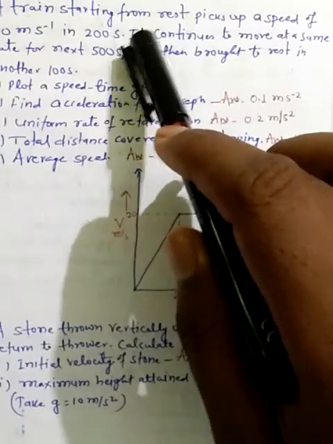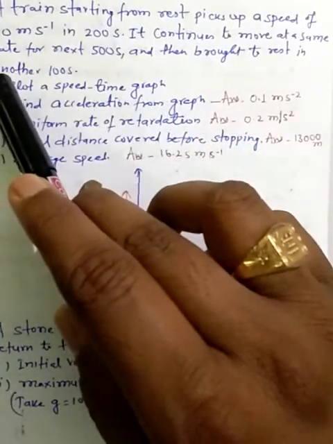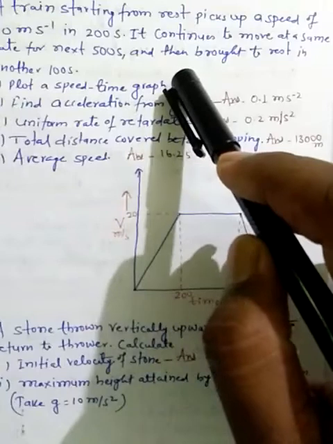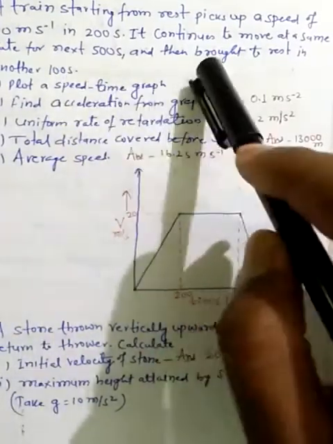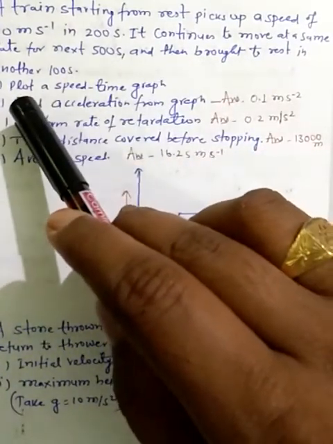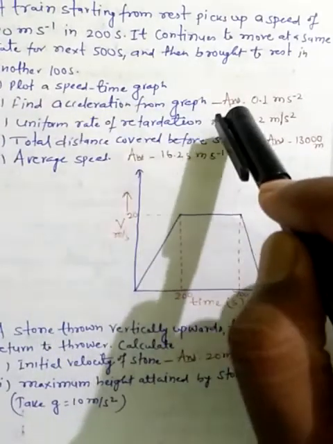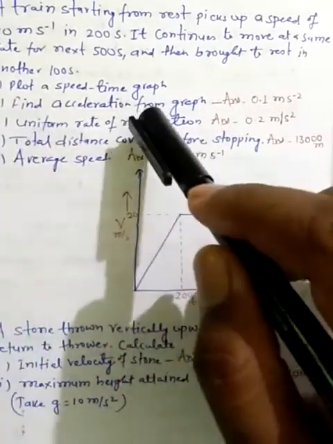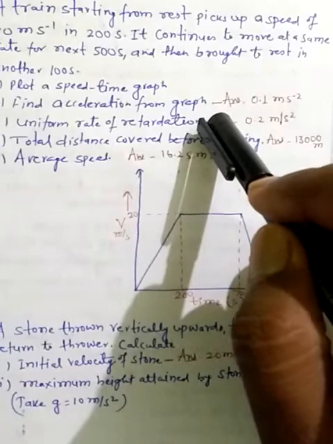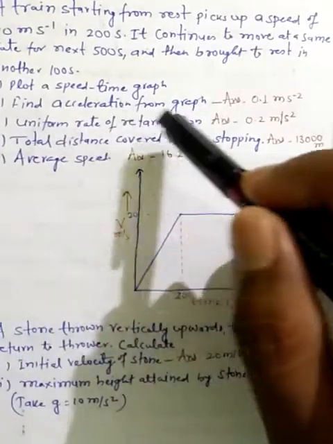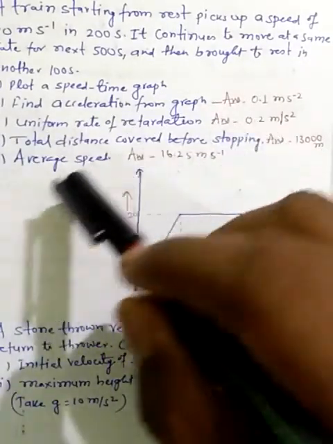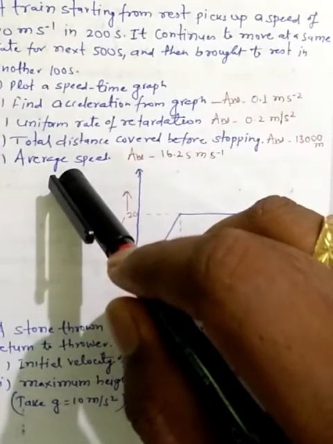For this question, the first part is to plot a speed time graph or velocity time graph. Then the second part is find acceleration from the graph. Third is uniform rate of retardation. Fourth is total distance covered before stopping. And fifth one is average speed.